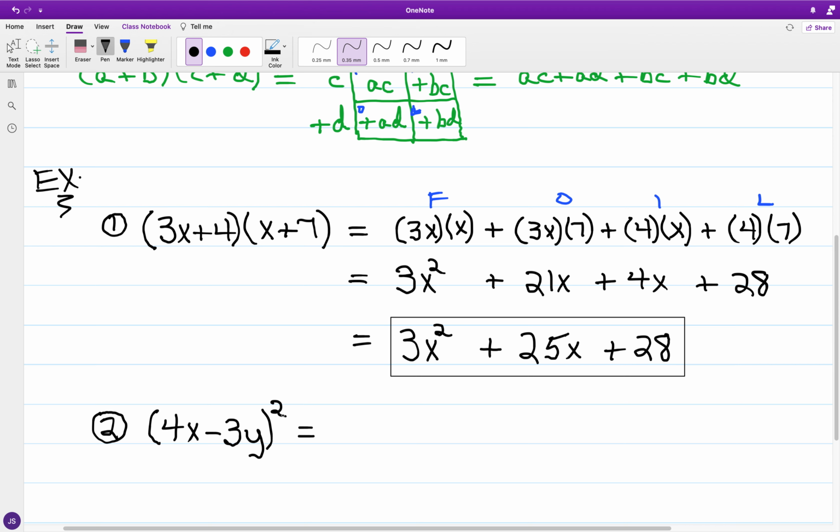Now in terms of what the 2 signifies, this will represent how many times 4x minus 3y would appear if you were to rewrite this expression solely in terms of multiplication. So for 4x minus 3y raised to the second, you're going to have this binomial appear twice.